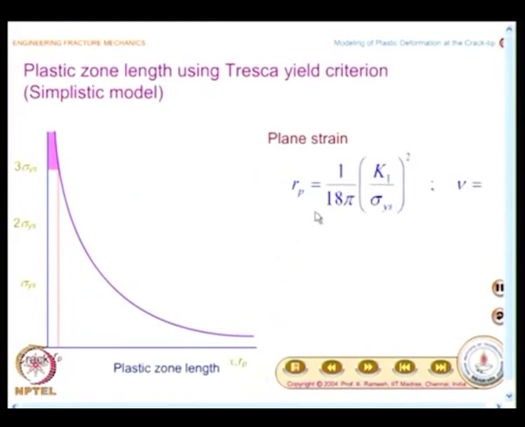That is not going to happen physically, but definitely it gives you an approximate shape of the plastic zone near the crack tip. And the value of Rp turns out to be 1 by 18 pi multiplied by (K1 by sigma ys) whole square, and this is particularly for the value of Poisson ratio equal to 1 by 3.